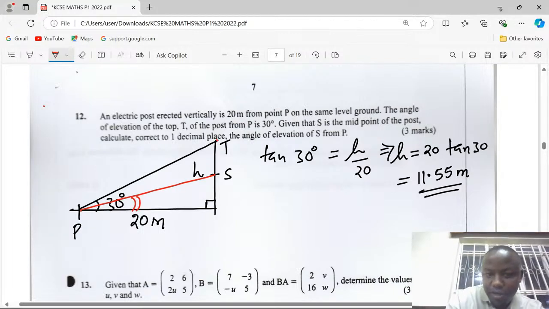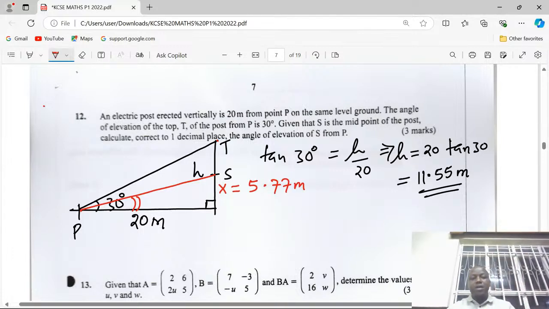With that midpoint, we can get half the height. The height x will be 11.55 divided by 2, which will be exactly 5.77 meters.